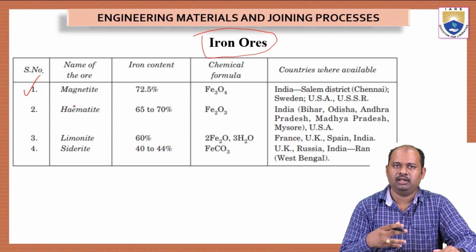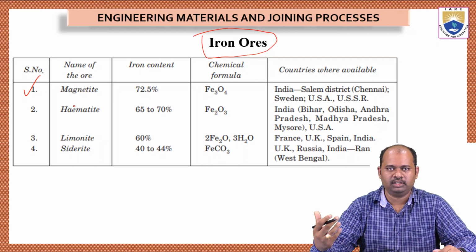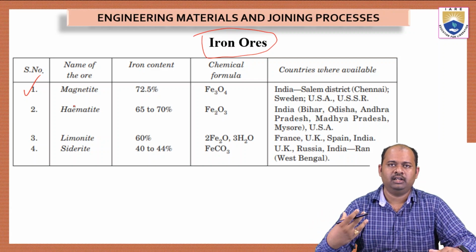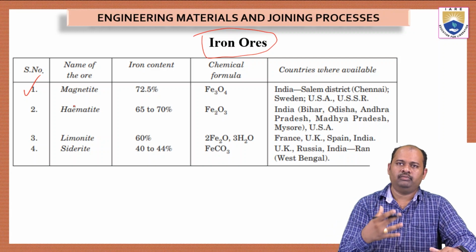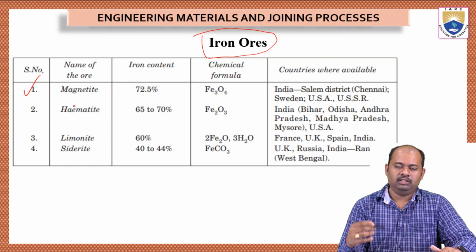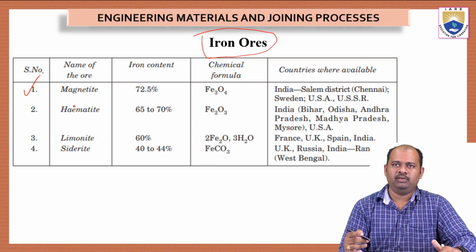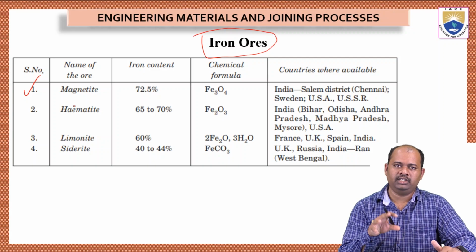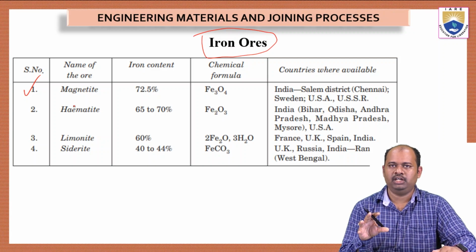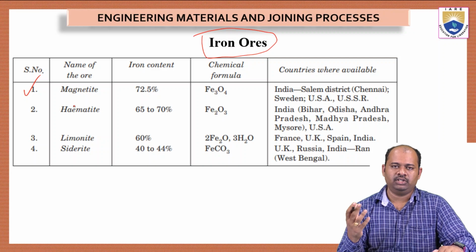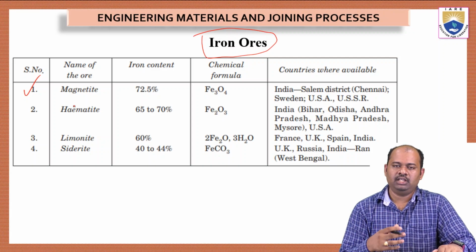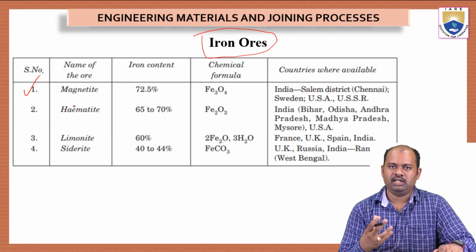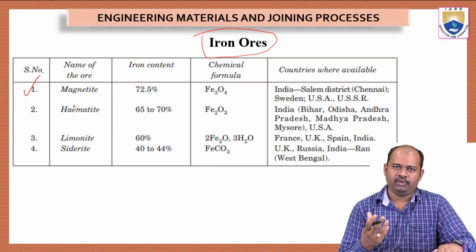Mostly these four are abundantly available because they are more in the earth's crust, and their chemical formulas are also studied here. These iron ores are available in particular countries only. Not every iron ore is available in India. Some are available in India, some in other countries. Depending on the application, they are modified, processed, and final products are prepared.